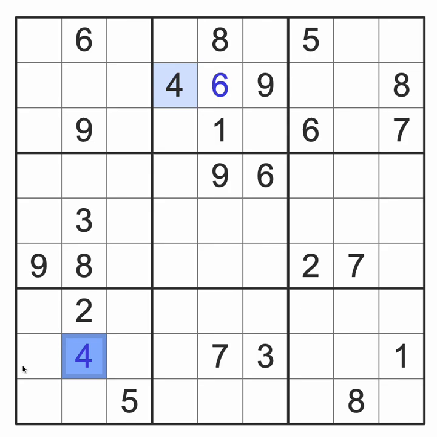And what I noticed before that was that on row 8, there are only 2 cells available for 2 and 5. Here's 2 and 5. So these 2 cells cannot be 2 or 5.